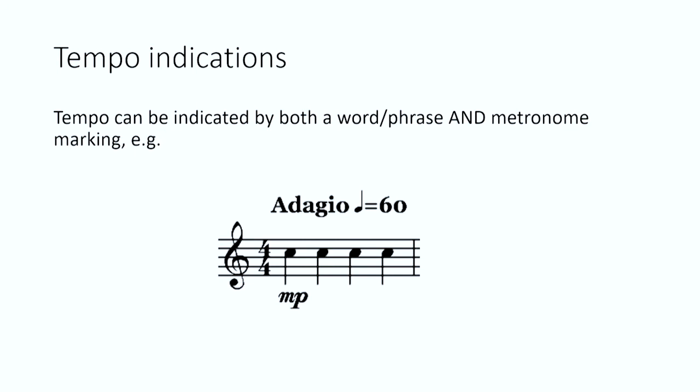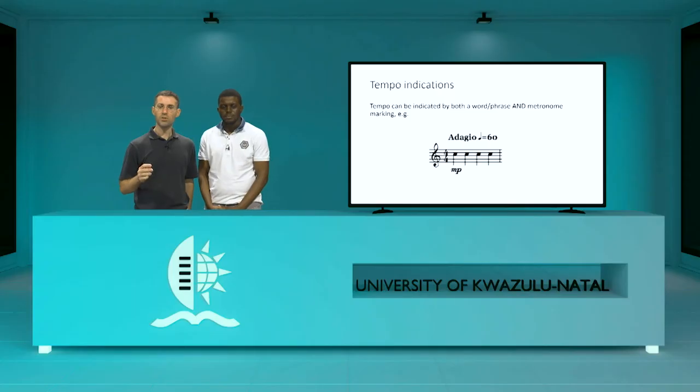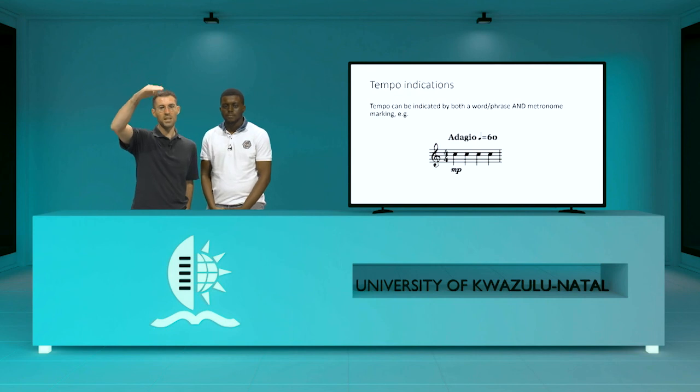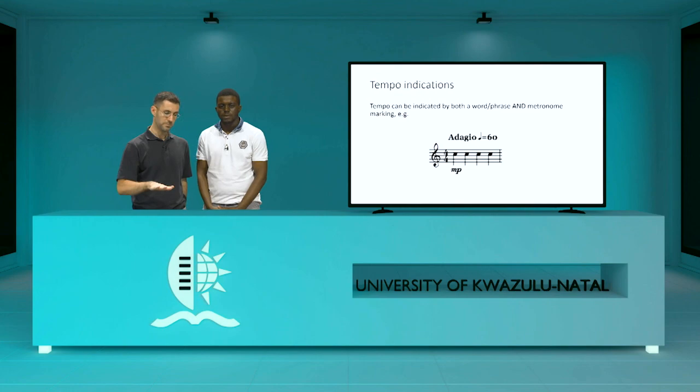So you can have several variations there, but it always comes above the music. But you'll see also in this example that below the music is an indication of how loud it should be. MP, which means mezzo piano. When you want to show how loud the piece must be, it always comes underneath the notes. So the tempo indication comes above, and the volume indication comes below.